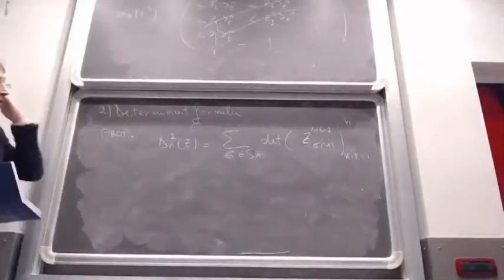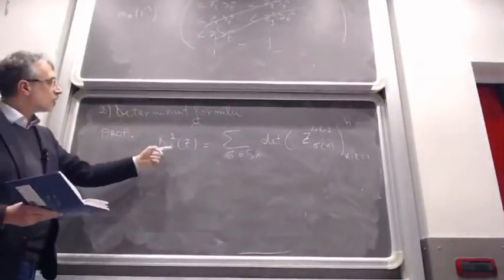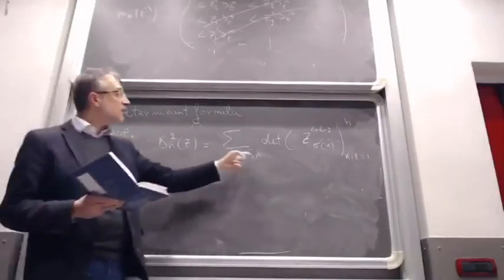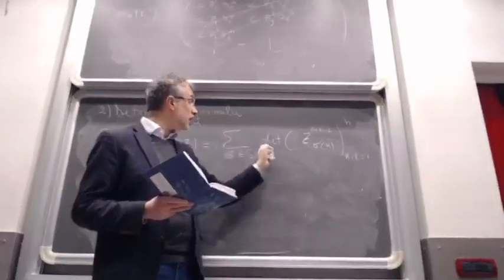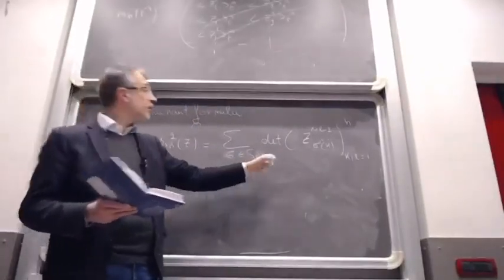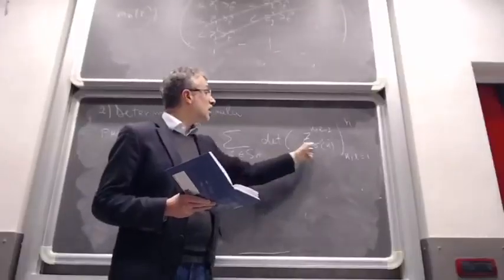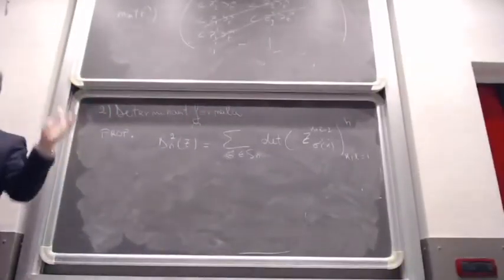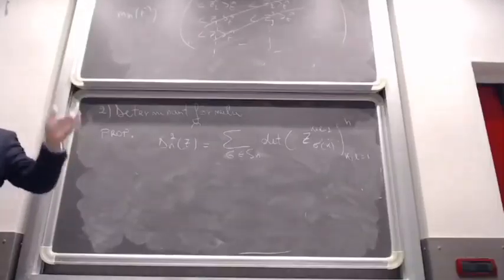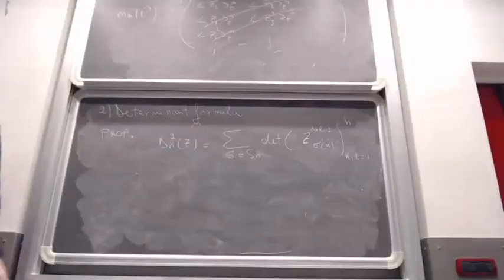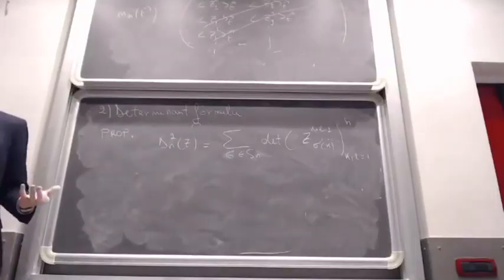Okay. So the square of the Vandermonde determinant can be written as the sum over all permutations in the group Sn of these determinants. Okay, so this is a determinant of powers which are connected to the moments we want to look at, of course.